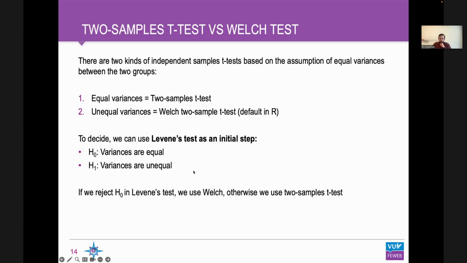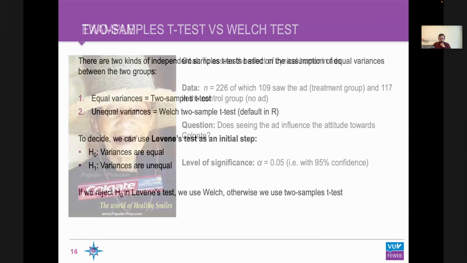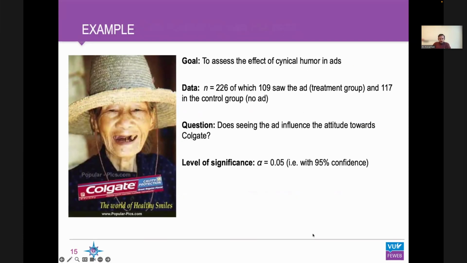If the Levene's test gives you a high p-value, then you do not reject the null hypothesis. In this case, you need to go to the equal variances two sample t-test. Okay, I hope that makes sense.